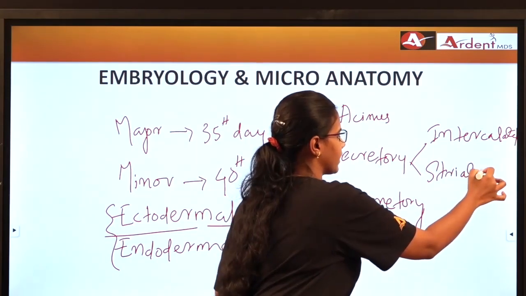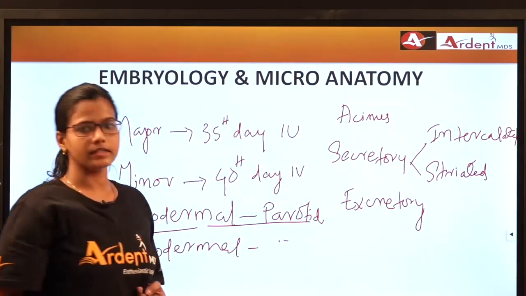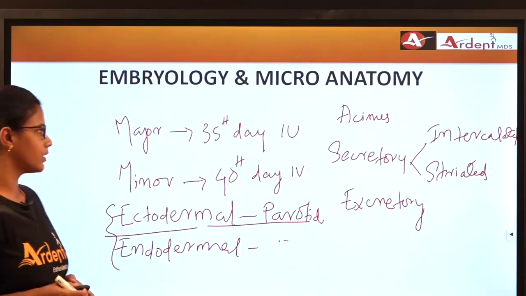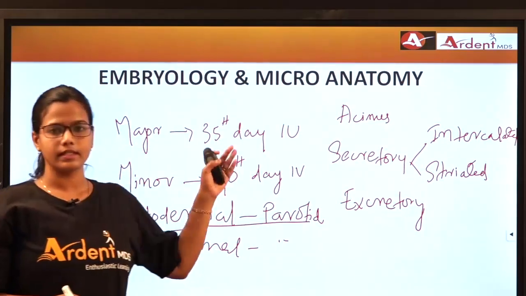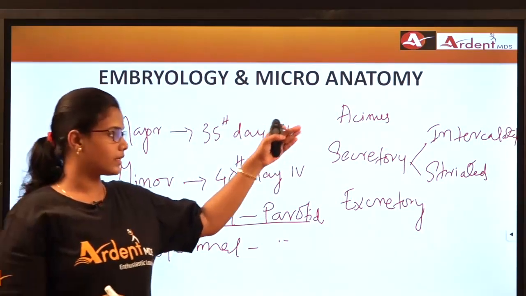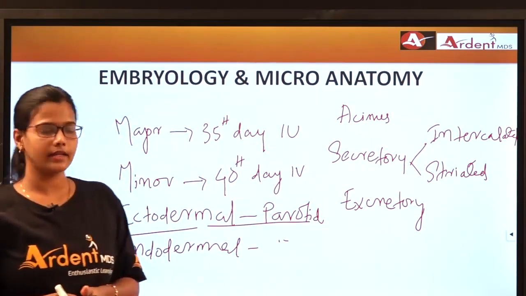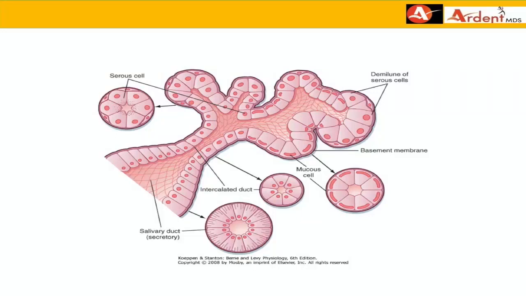So acinus, secretory duct and excretory duct. In the secretory duct we have the intercalated duct and the striated duct. So this is the histopathological diagram.